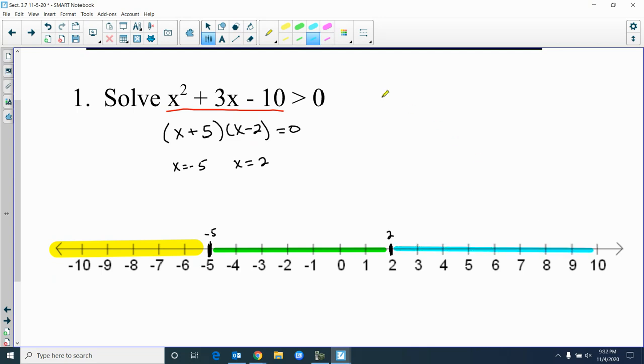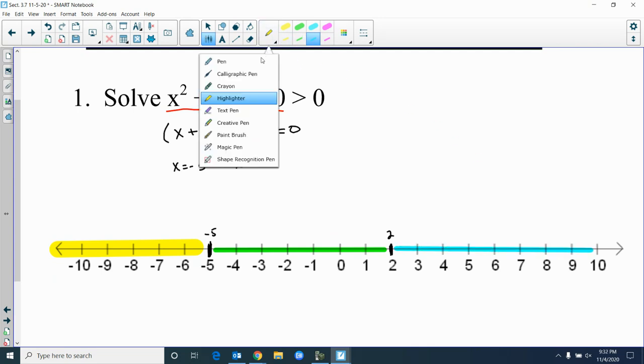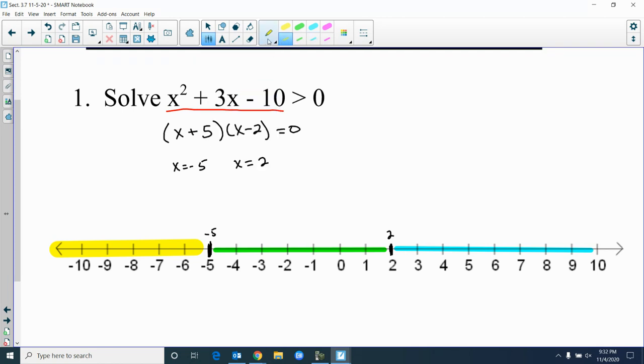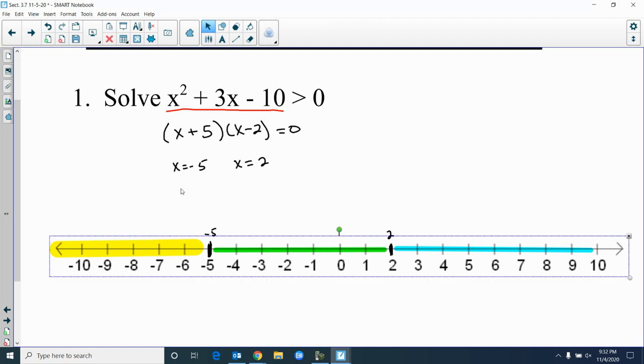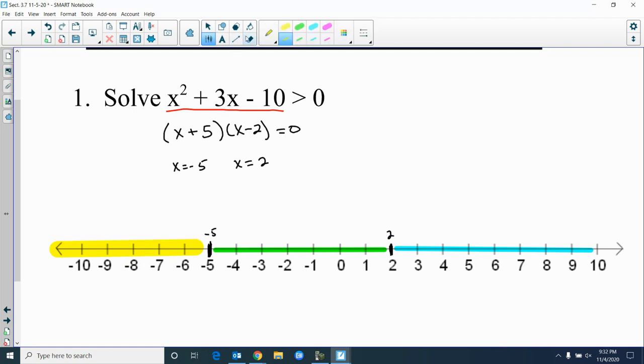We're going to pick a test point and see whether that point comes back negative or positive, because all the points in a region would give the same sign. It doesn't matter what your test point is. For this one, I'm going to use x equals negative 7. Here, I always try to use 0 if it's available.